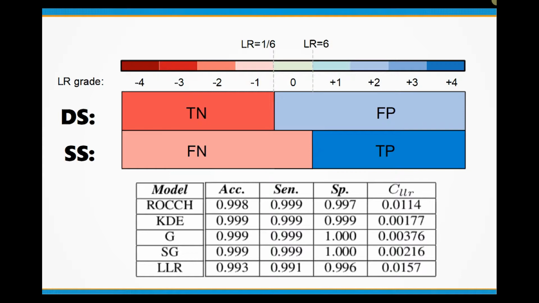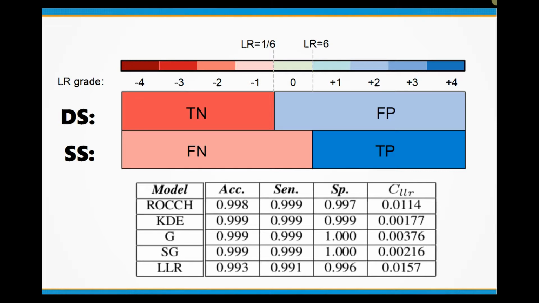And the reason for this is that we wanted to get some dynamic in the analysis. Because it turns out that if we had a fixed threshold of, let's say, LR equals 1, then we got accuracy numbers very, very close to 100% for several models, and this is not too good when we want to compare them. So these are the results, and as you can see, we have also included the CLLR for all of the models here.